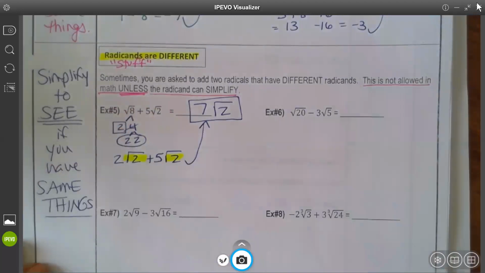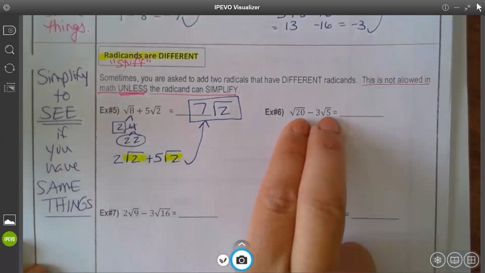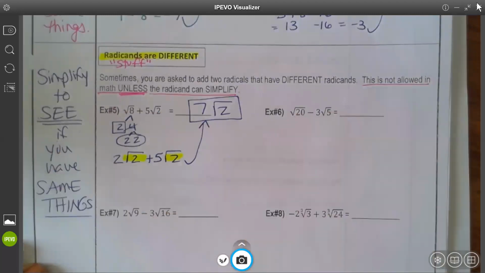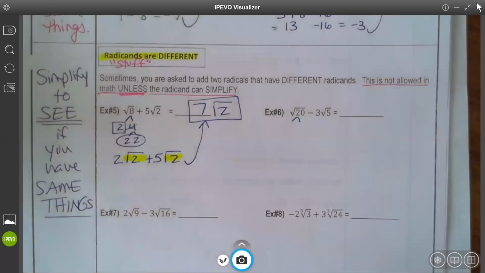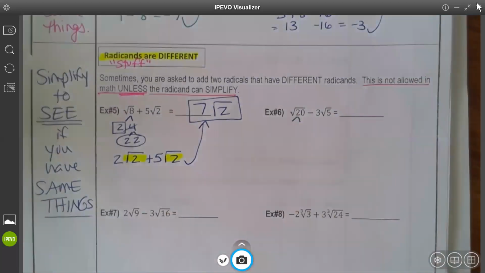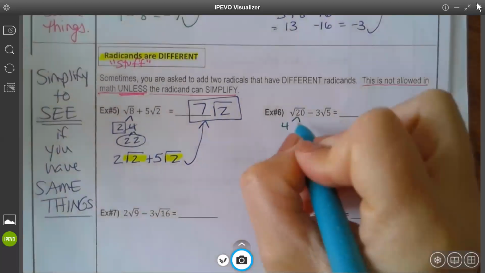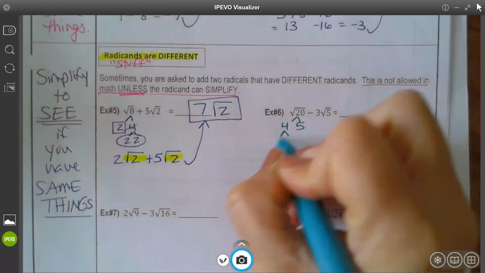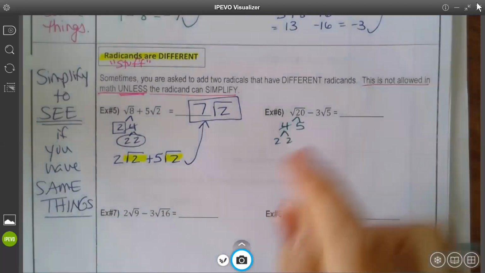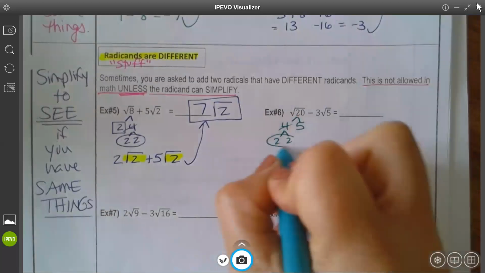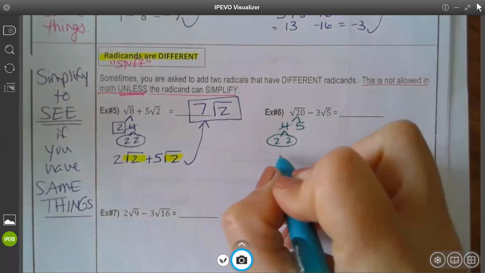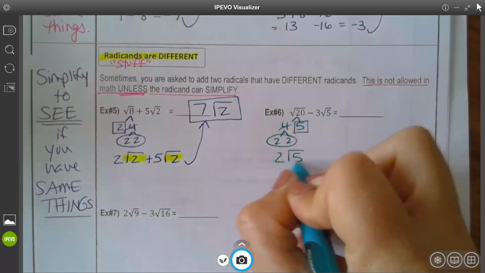Number 6, I'm looking at square root 20 and square root 5. Those two things are definitely not the same things. So I have to try to simplify that one. Factor tree, 4 times 5, and then 2 times 2. So it's a square root, root of 2. That means that I am lumping two things together, and I have a square root of 5 left behind.